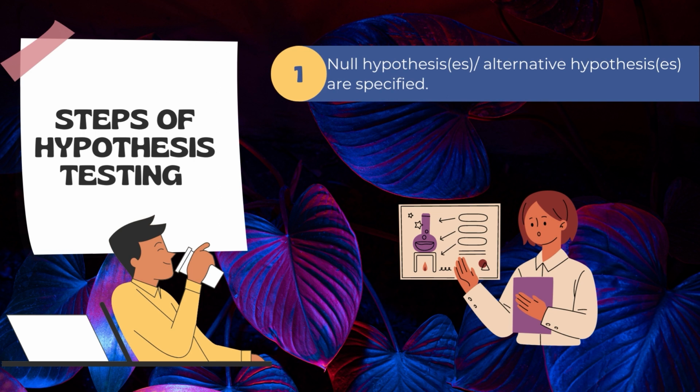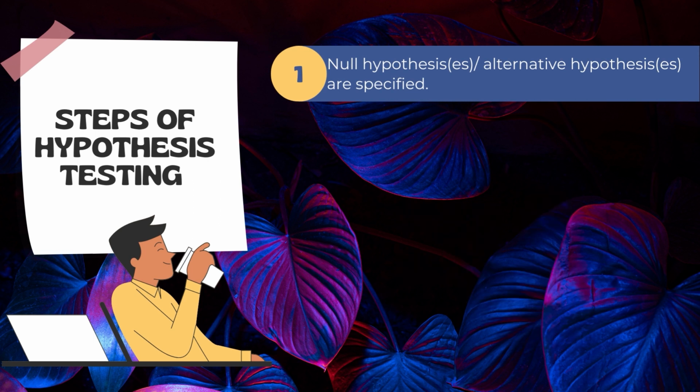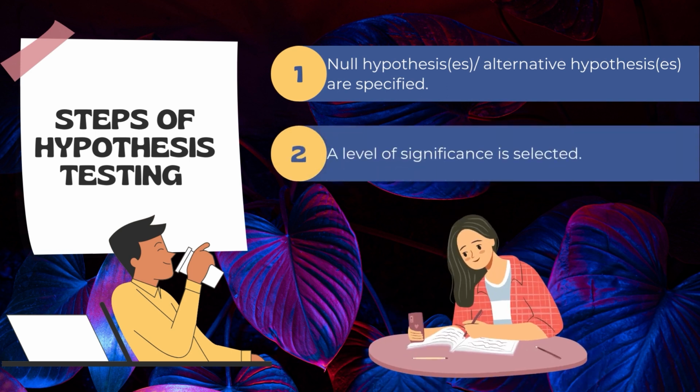Once you have formulated the null hypothesis and alternate hypothesis as step 1, you can proceed to step 2, where you have to decide what level of significance is to be chosen, because it is an important point where the researcher makes a decision whether they are choosing the 0.05 level of significance or the 0.01 level of significance.